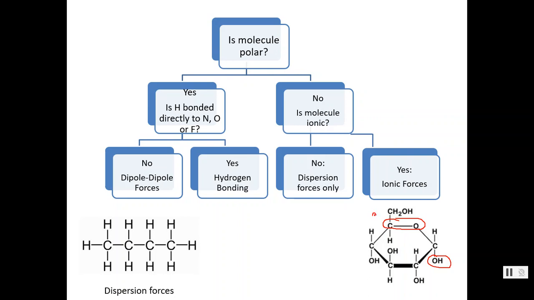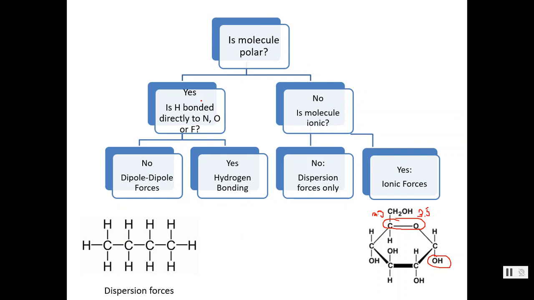That has a value of 2.5. Oxygen is 3.5. So I've got a polar region right here. I have a polar region due to the OH bond. So this is definitely a polar molecule.